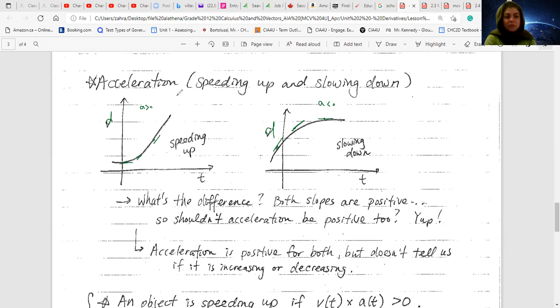Here the slope is positive, so velocity is positive. Here velocity is positive as well. So you can conclude that when the acceleration and velocity have the same sign, it is speeding up. But if they have different signs, one negative, one positive, it is slowing down.